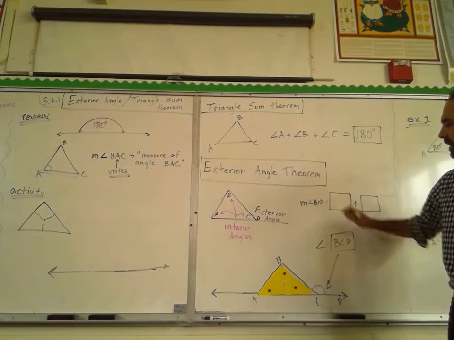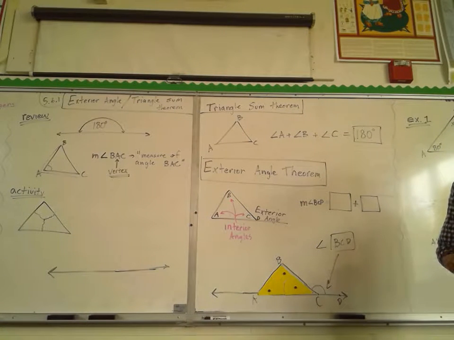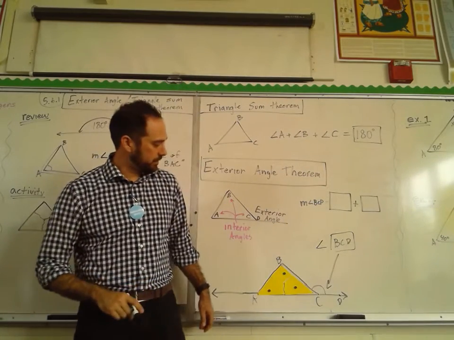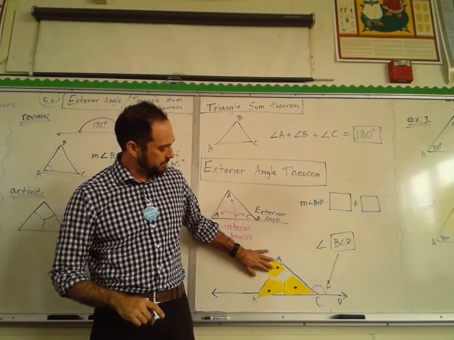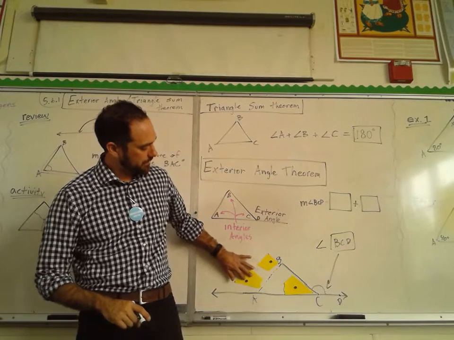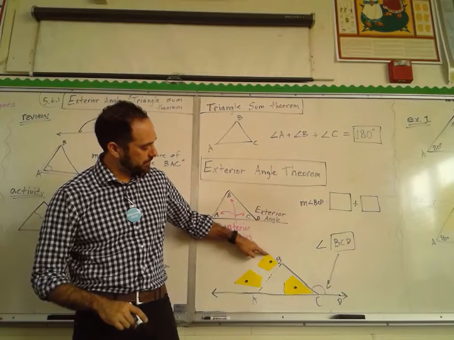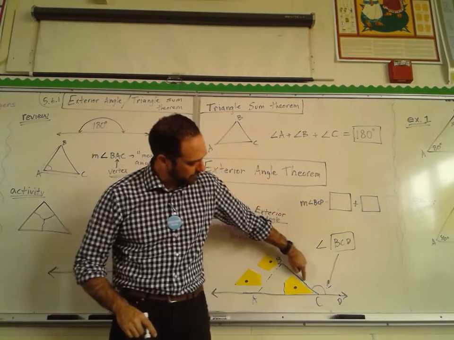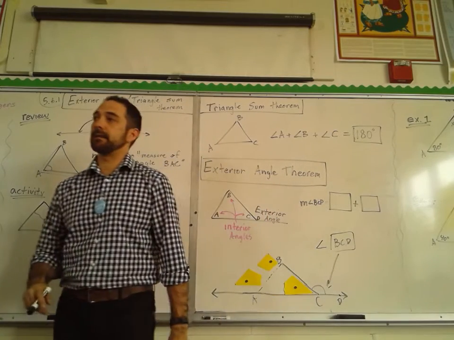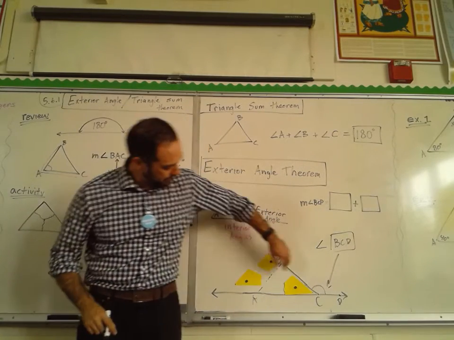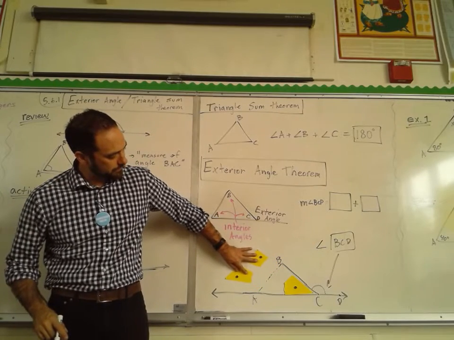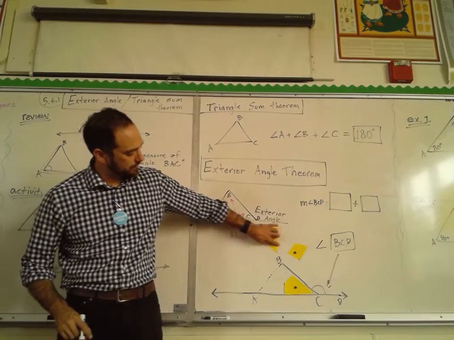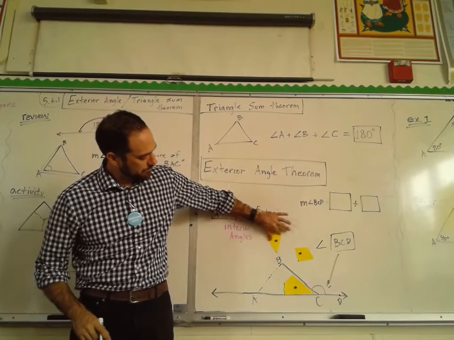So watch what I'm going to do. These opposite angles over here, I want you first off to take these opposite ones over here. Okay? And I want you to see if these two angles with the vertices touching each other, if they fit in angle BCD. Go ahead and manipulate it to see if they fit in BCD. The ones that were furthest away from that C angle, we're going to put both of those and see if they fit right here at BCD.